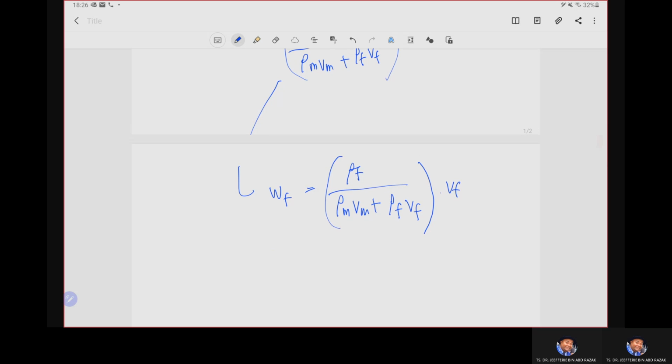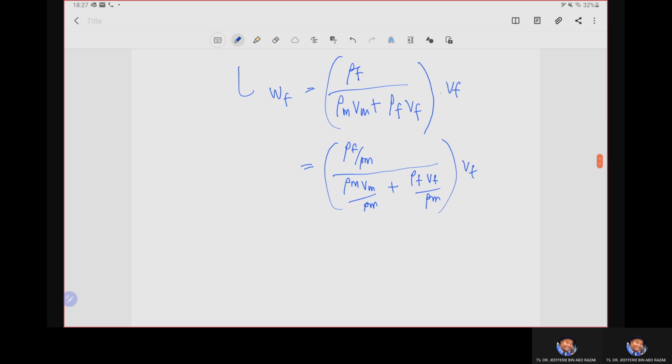Divide both top and bottom by rho M. So rho F over rho M VM over rho M plus rho F VF over rho M, times VF.